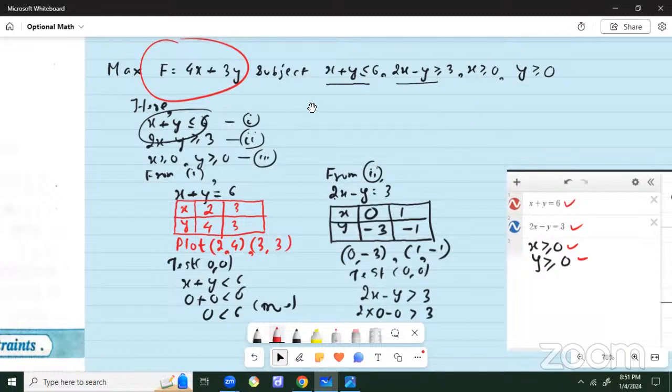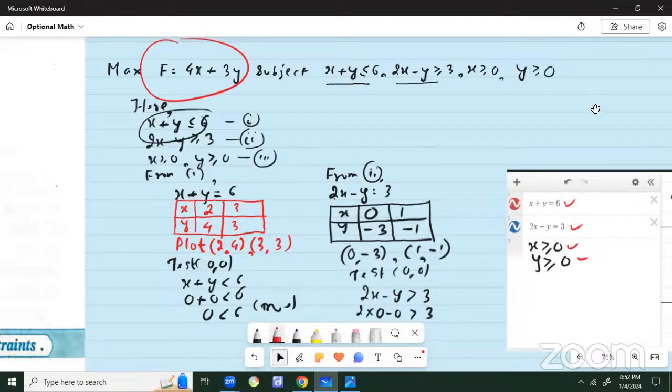It's published now. So now we have been given here an objective function with constraints in the form of linear inequalities with two variables: x plus y less than or equal to 6, twice x minus y greater than or equal to 3, x greater than or equal to 0, y greater than or equal to 0. It's not a big deal to find the solution for x greater than or equal to 0 and y greater than or equal to 0, because that will happen only in the first quadrant, right?